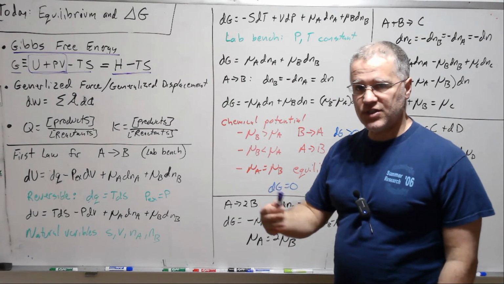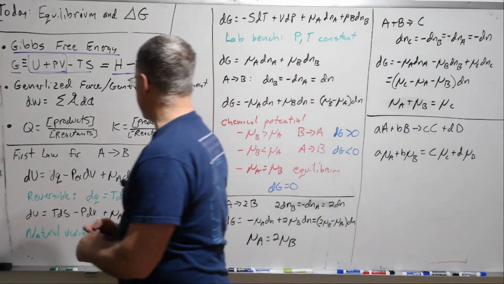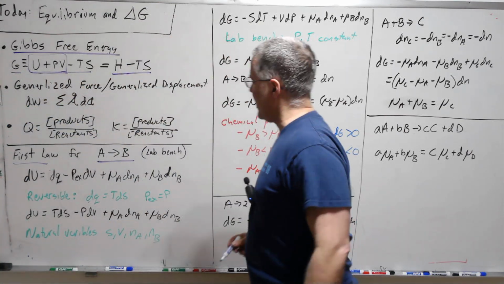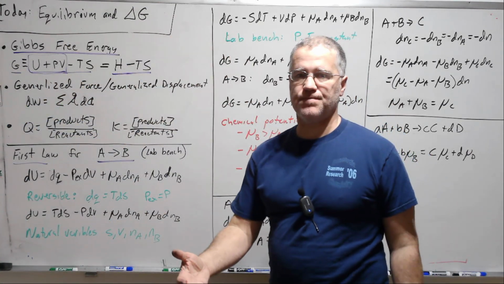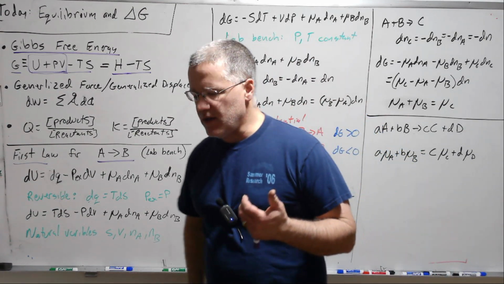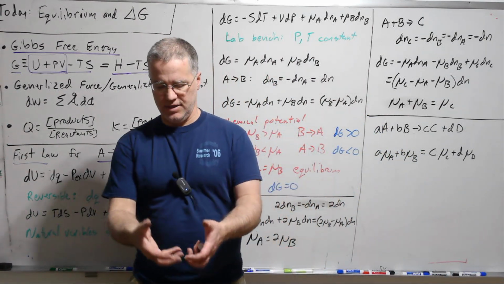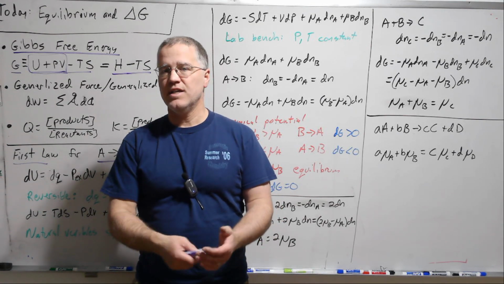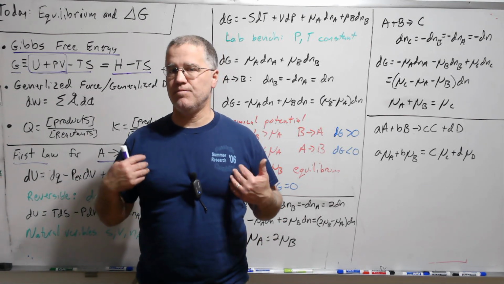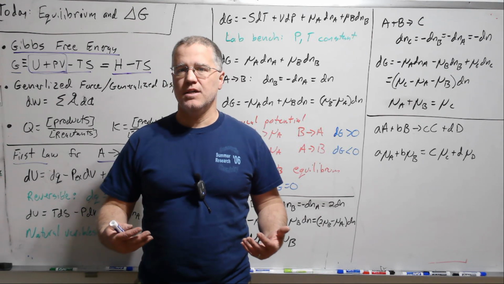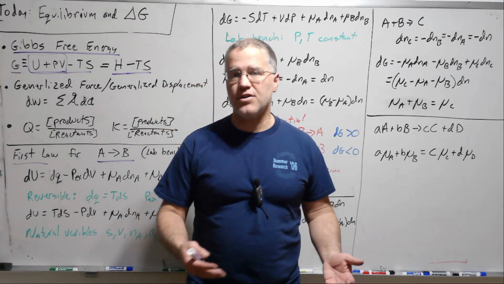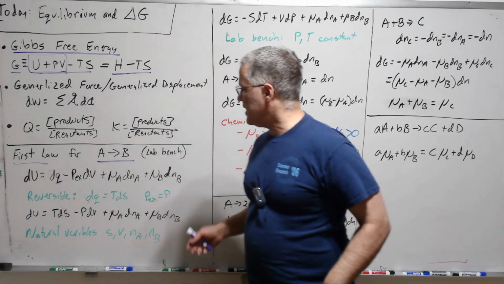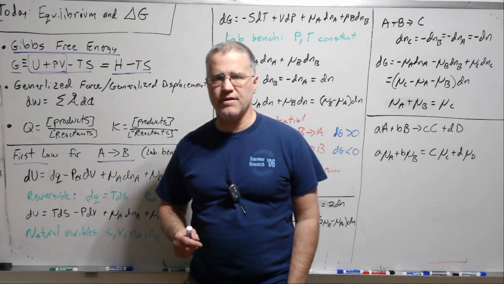All right, so let's just apply the first law of thermodynamics to the very simple reaction A goes to B on the lab bench. A very common situation is doing chemistry in the laboratory, and that's what we're focusing on. This would be very similar to doing chemistry in the body, so biochemistry. There are certainly other places we do chemistry, but in the lab, that's a very important case.